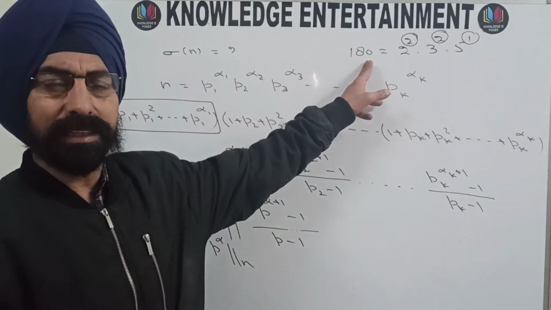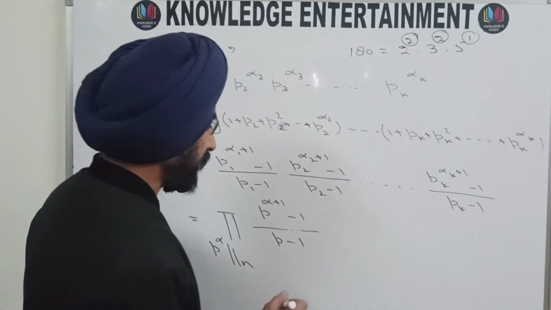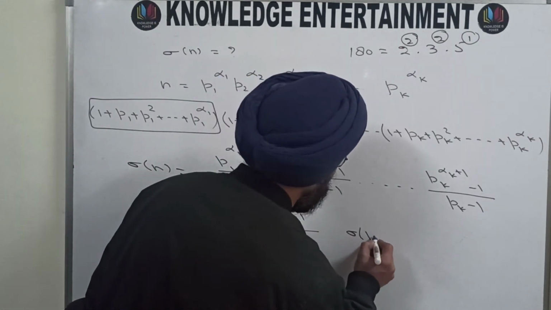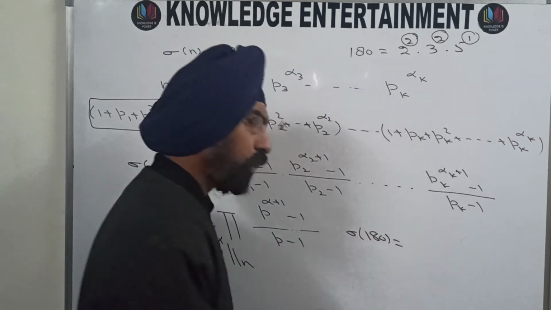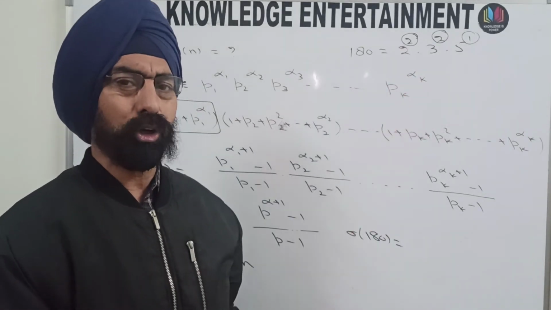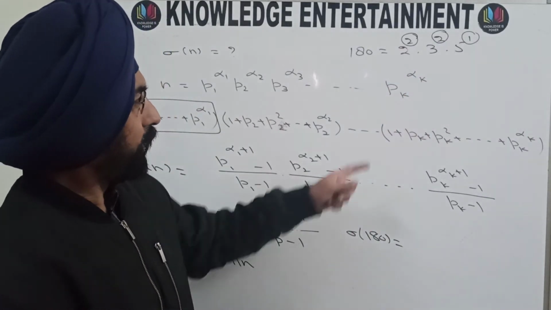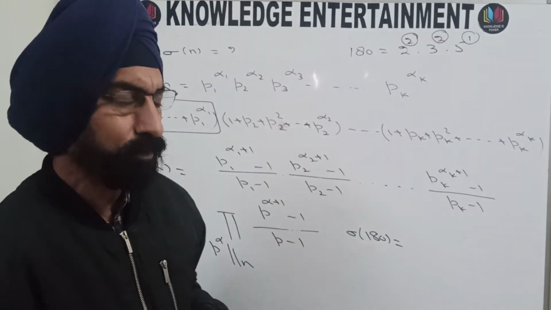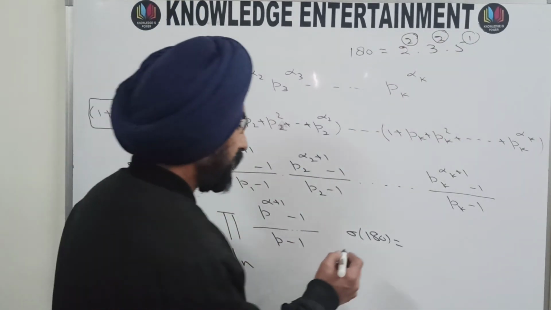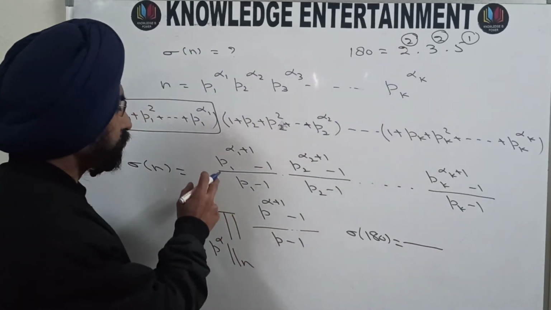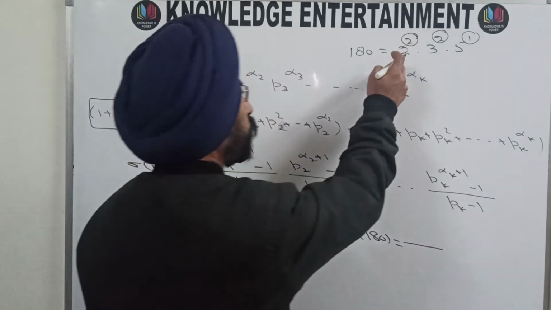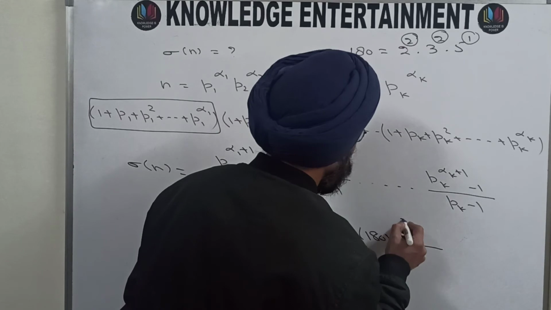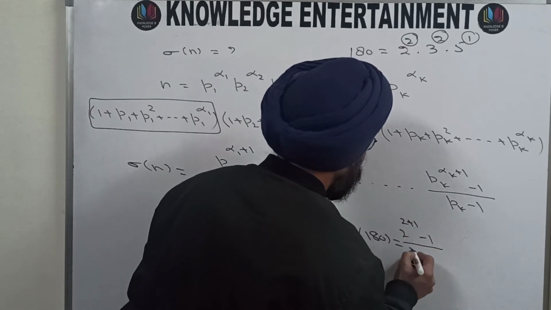So this is the case of 180. Let us see what sigma(180) is. Because we have already expanded it, why take a new number. So it is your p1^alpha1, p2^alpha2, p3^alpha3. In this product, the first term will become p1^(alpha1+1), so 2^(2+1), that is (2^(2+1) minus 1) upon (2 minus 1).